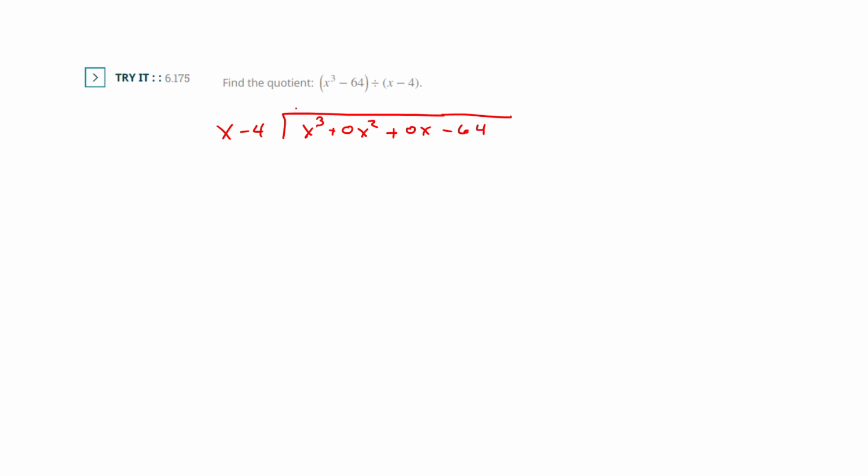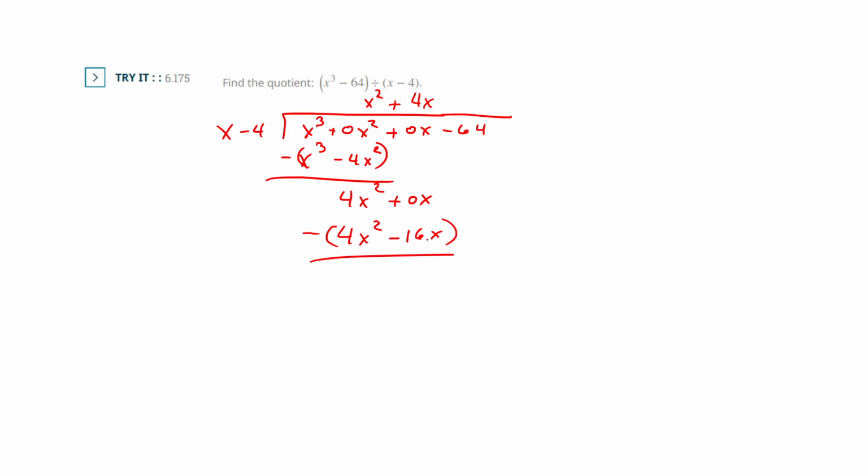Okay, process is the same. So x into x to the third, x squared. Leftover time. So that's a positive, so it's 4x squared plus 0 x's. x into 4x squared, I need a positive 4x. Okay, doing it by both of them.